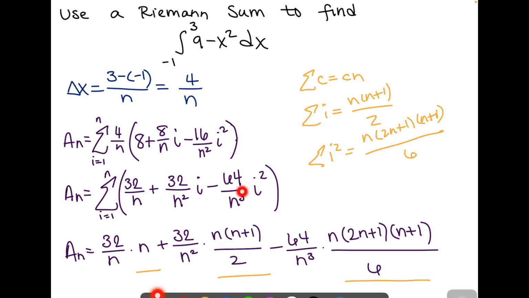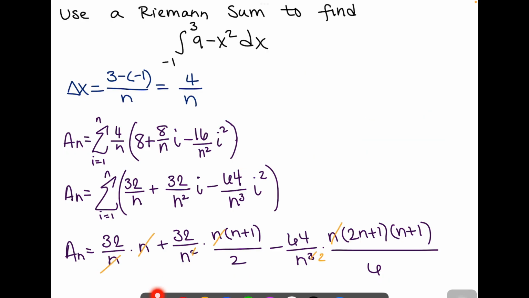And then the last term, this minus 64 over n to the third, that is a constant. When I add up those terms, I will get that constant times my summation formula for i squared, which is n times (n plus 1) times (2n plus 1) over 6. All right, so I have a complicated expression now that gives me the area when I have n rectangles.